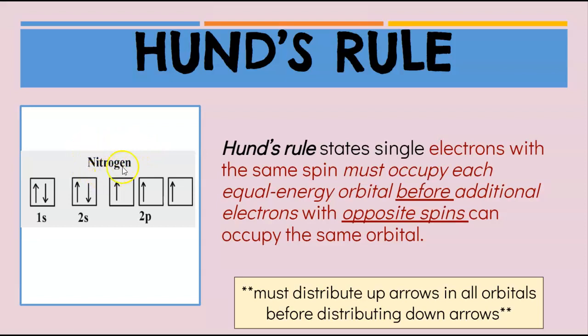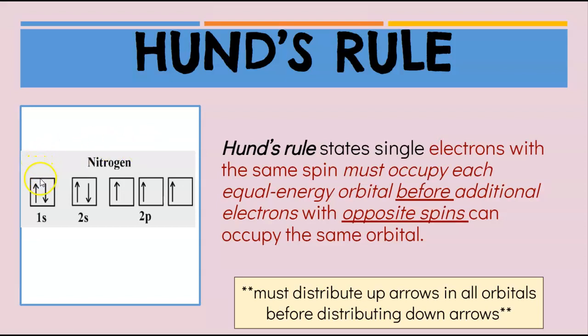So like the example here with nitrogen, this is the orbital diagram for nitrogen. He's got 1, 2, 3, 4, 5, 6, 7 electrons, okay? He's got 7 electrons because his atomic number is 7. So when we're filling these orbital diagrams, we have to follow those rules, right? So we fill the lowest first.